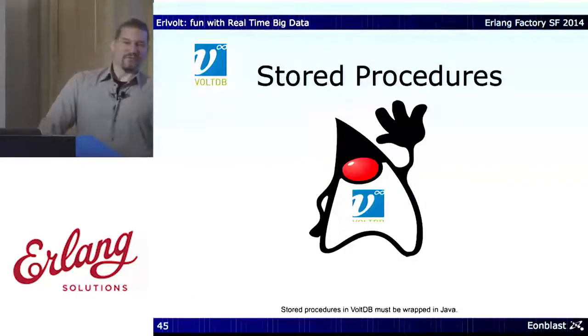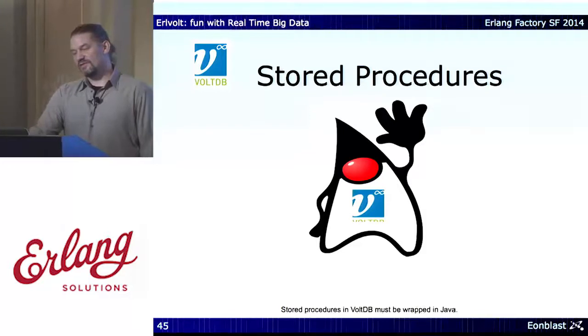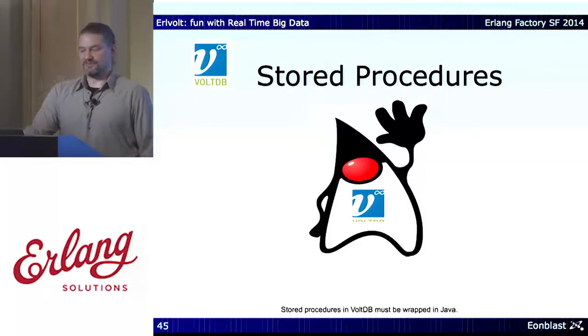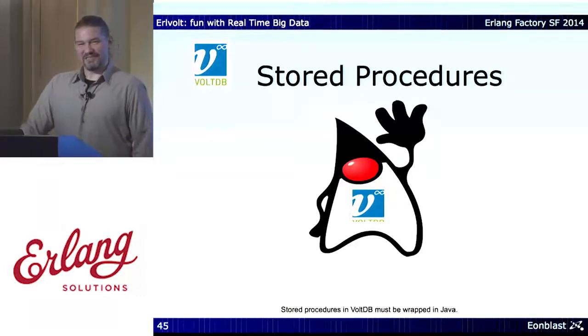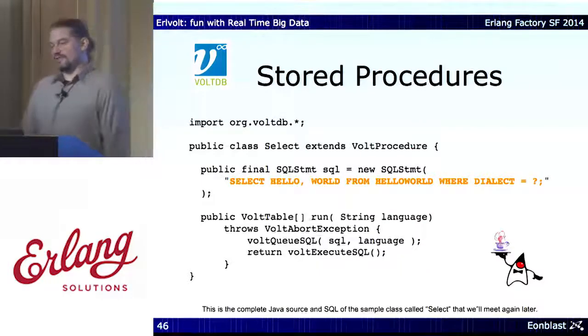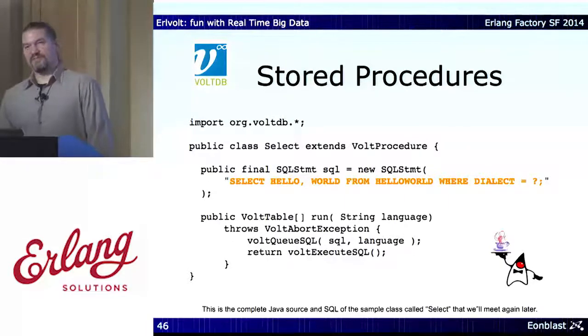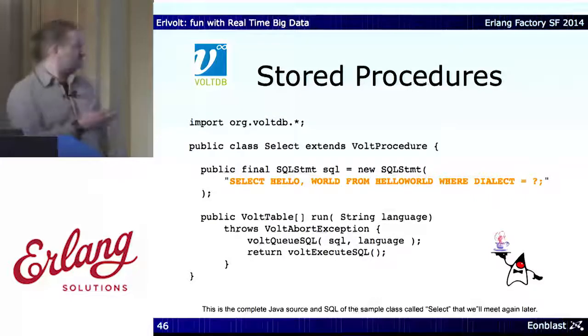Another way that VoltDB achieves very high speed is using baked-in stored procedures. And for that, VoltDB, I am tending to say, unfortunately, uses Java. So a stored procedure in VoltDB is not quite as cheap as, for example, in MySQL, but you have to wrap it in a little bit of Java. This is all.